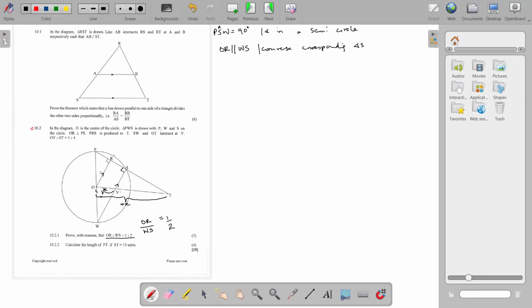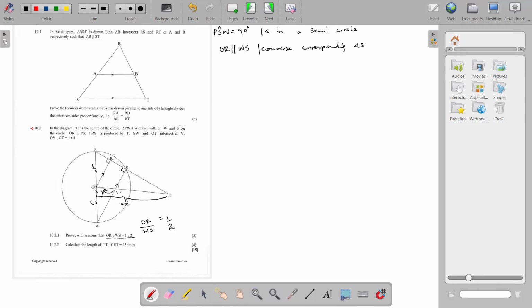Then from there, we know OP is radius. And we know that OW is radius. Meaning to say this and this are equal.